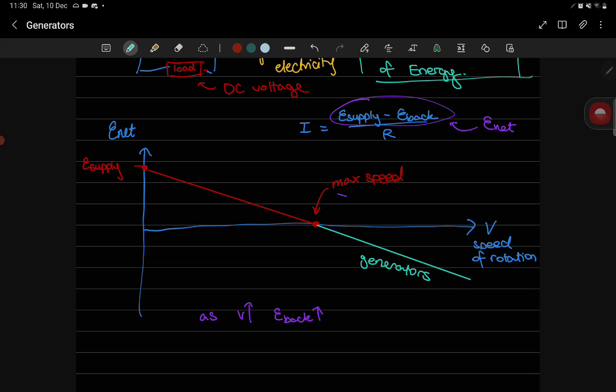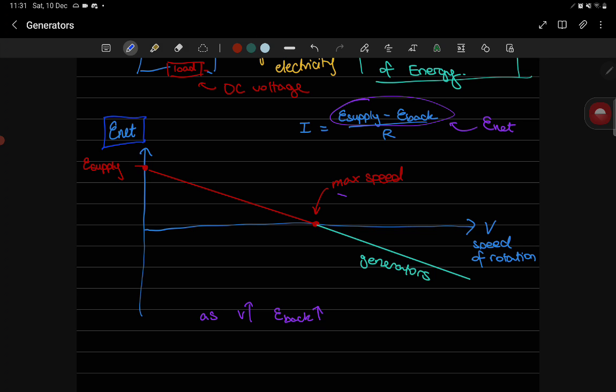Why do I say generators? Because if you increase past the maximum speed, you are actually applying torque to the system, and you've effectively reversed the direction of the net EMF. And reversing the direction of the net EMF means that you are now, instead of drawing current, supplying current into an external load.